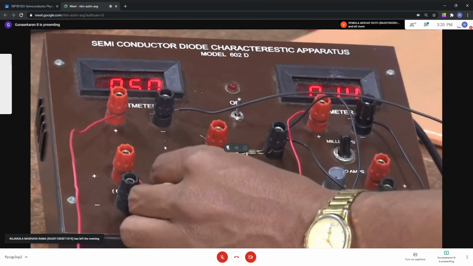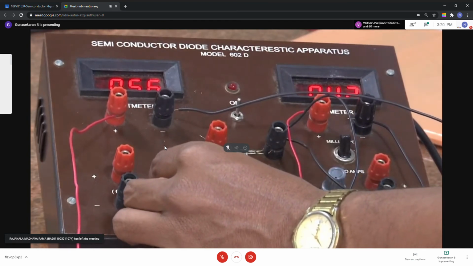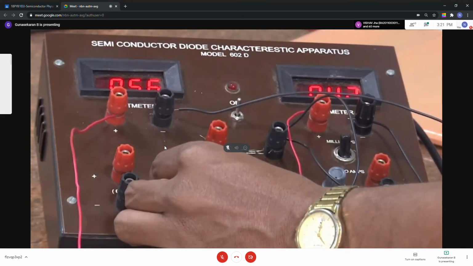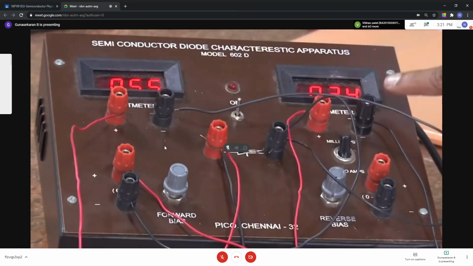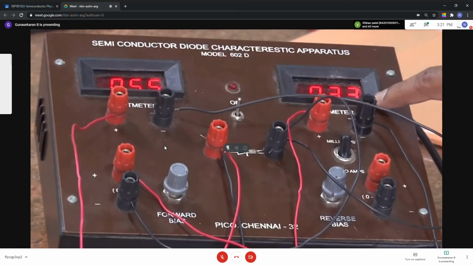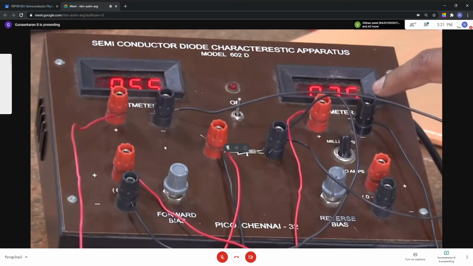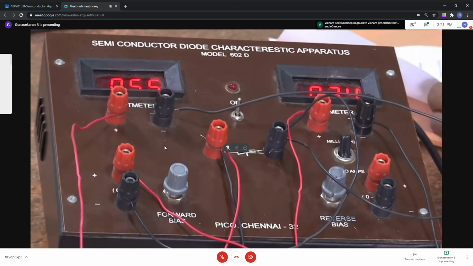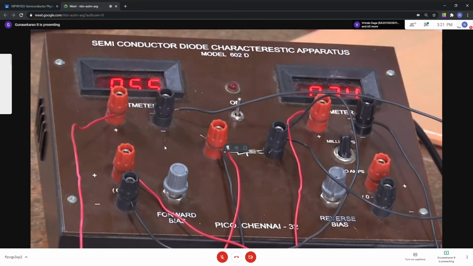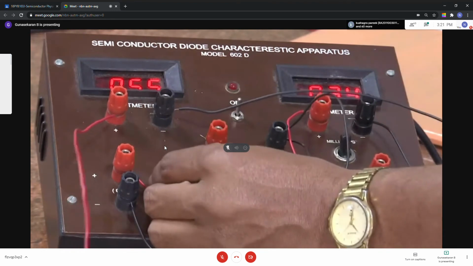Again increasing to 0.55. How much current flows in the circuit? The diode ammeter reading clearly shows 3.5 at 0.55. Again increasing to 0.6.